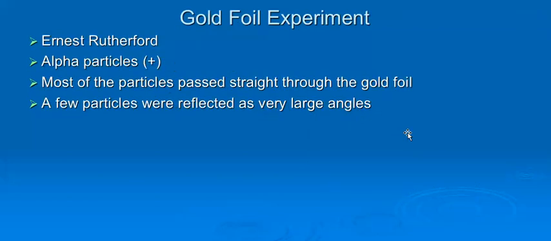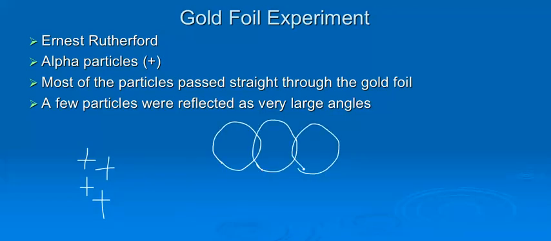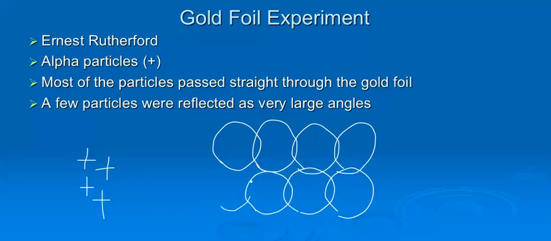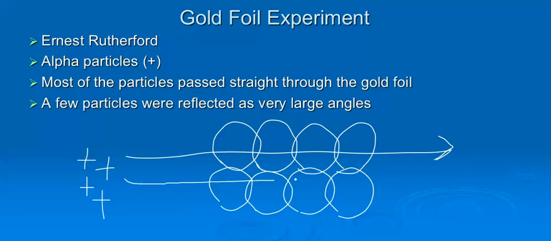The next model came from Ernest Rutherford in the gold foil experiment. And what he did was he shot alpha particles, which are positive particles, through atoms of gold foil. So if you think of atoms of gold foil, really close together. So here's my gold foil atoms. Most of these positive particles went straight through the atoms.